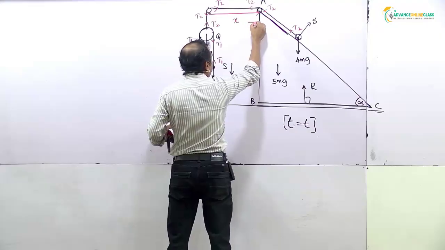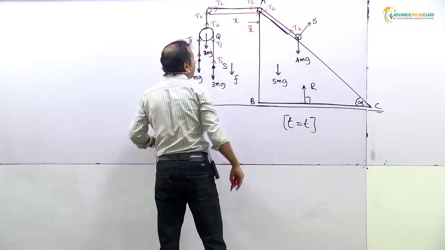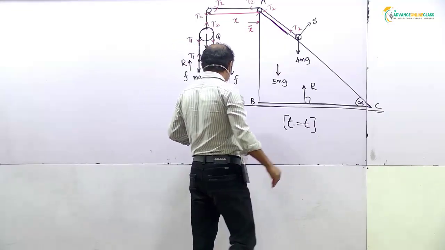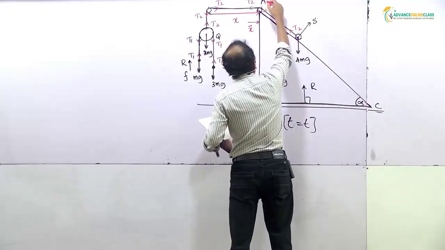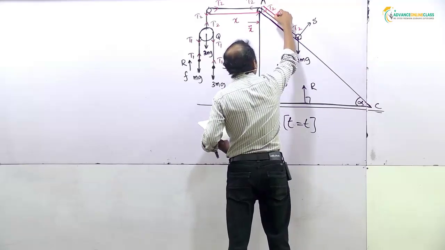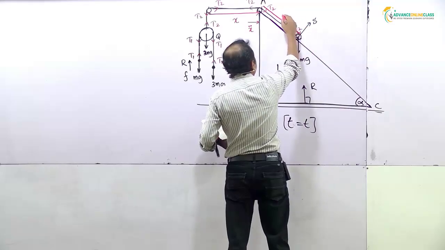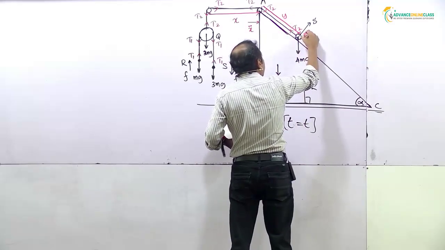Then acceleration is x double dot. Right. And here, at time t, I can measure distance to this. Let us take this as y. At time t, y means the acceleration is y double dot.